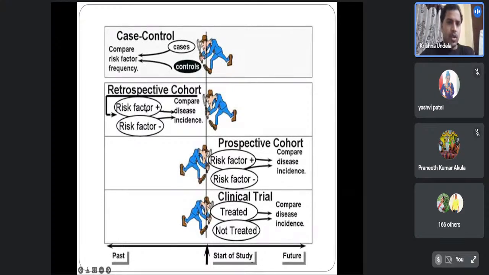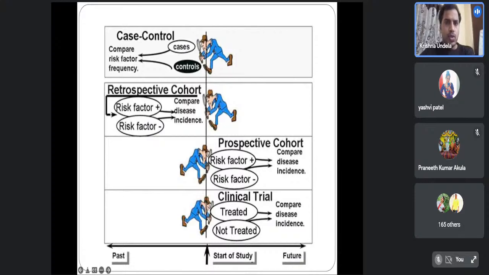So the risk factor already happened and the outcome has already happened. The only thing is we are going backward and then coming forward once again from the risk factor to the outcome. This can be possible when you have a complete database where you have information on the risk factor as well as the outcome. Otherwise, usually it's not going to be possible, and we need to go with a prospective cohort study. Okay. I'll take the questions at the end, maybe after this slide.